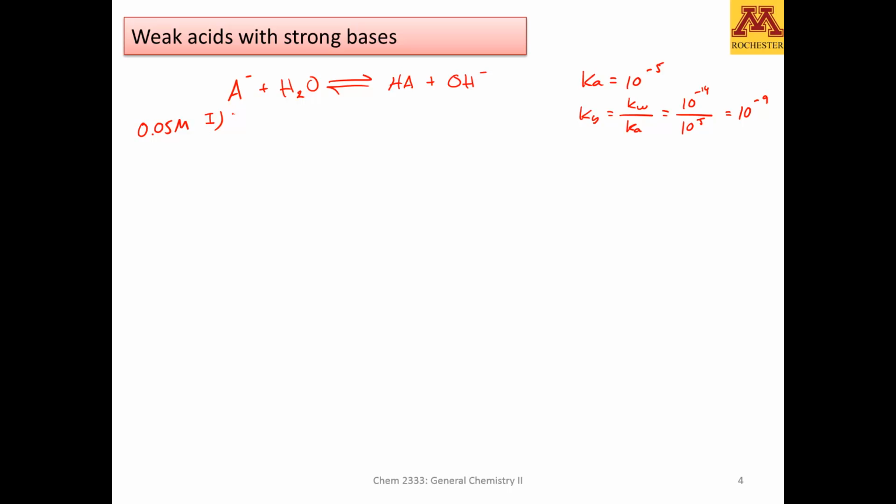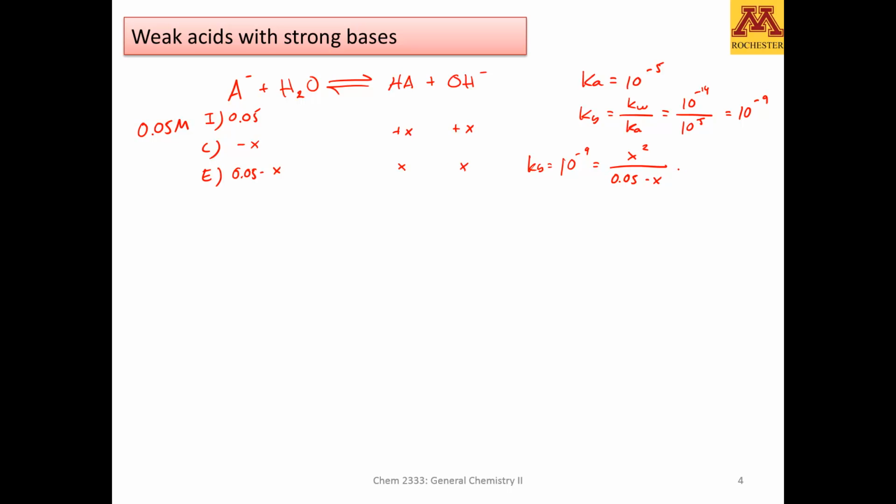So initially I have 0.05. The change will be minus x, plus x and plus x, and at equilibrium 0.05 minus x, x and x. So the Kb, which I calculated to be 10 to the negative 9, is x times x, that's x squared, divided by 0.05 minus x.